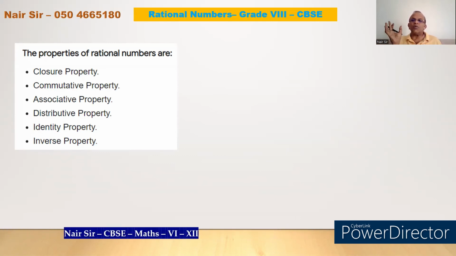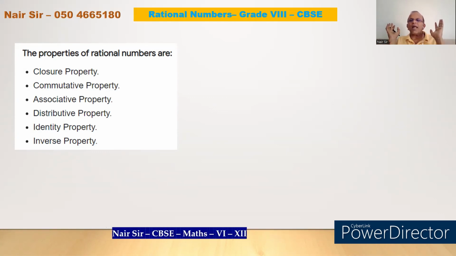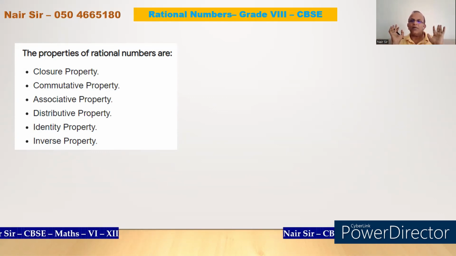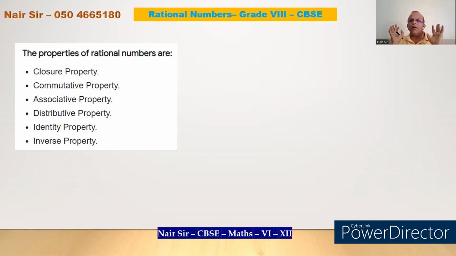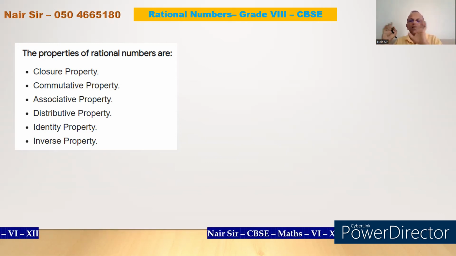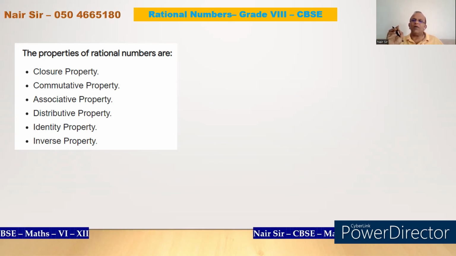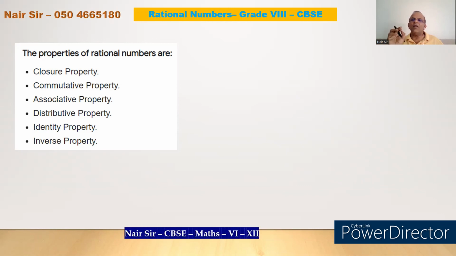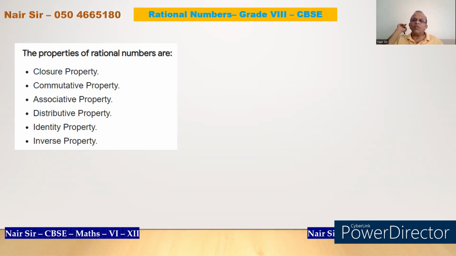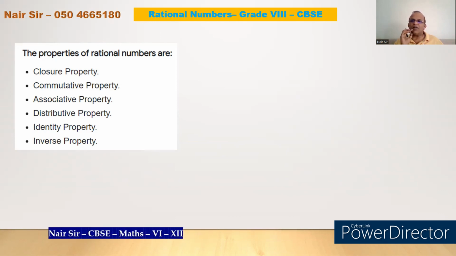When I say closure property, if I add two rational numbers, what will I get? Will I get a rational number? If I get a rational number, that means the closure property holds, right, when I add rational numbers.